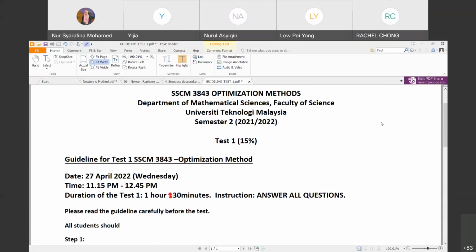Everything's clear? How many questions? I think it's 6. 6 questions involving basic calculus, starting from basic calculus up to quasi Newton, and bear in mind not all methods are used for calculation, otherwise you will not have enough time, right?